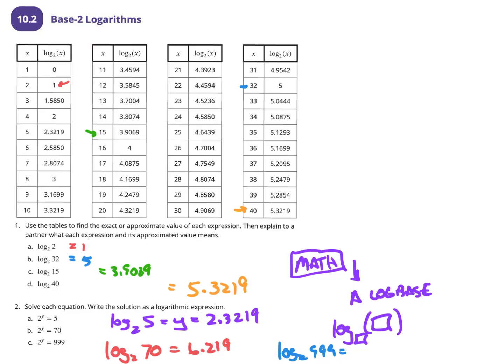The 8 is higher than 5, so it pushes the 2 to a 3. And for log base 2 of 999, we get 9.9643. The 4 makes the 3 stay the same. Remember, 0 to 4, the number you're rounding to stays the same. 5 or higher, the number to the right of the place value you're rounding to pushes the number you're rounding to up. You have to remember that because it's going to be important for Delta Math.